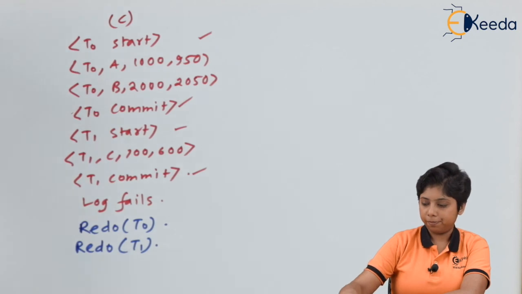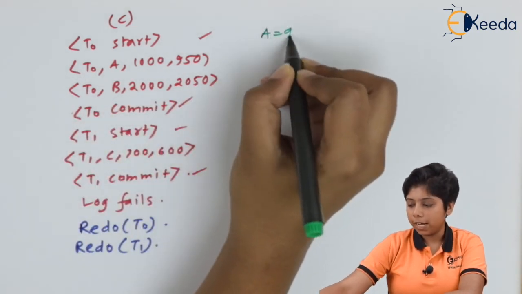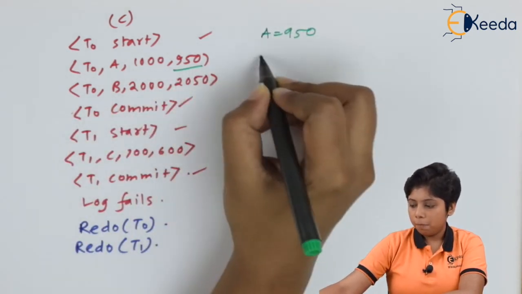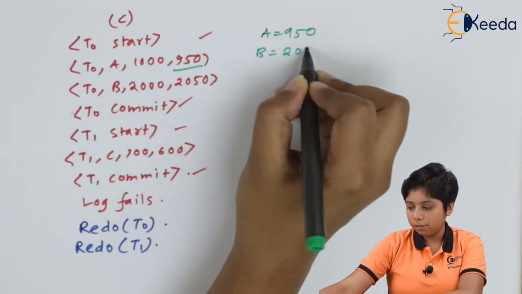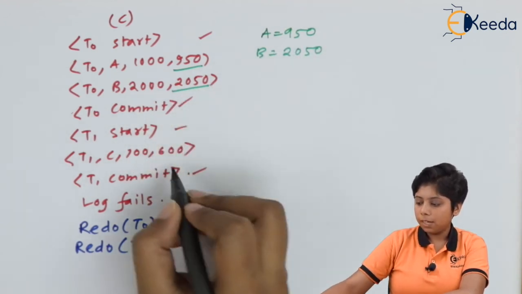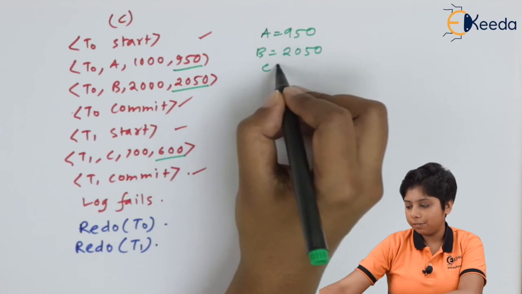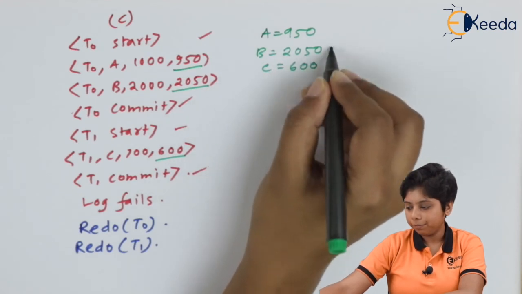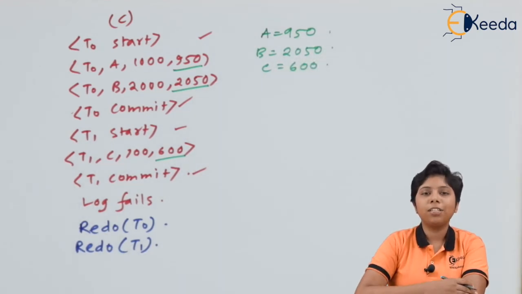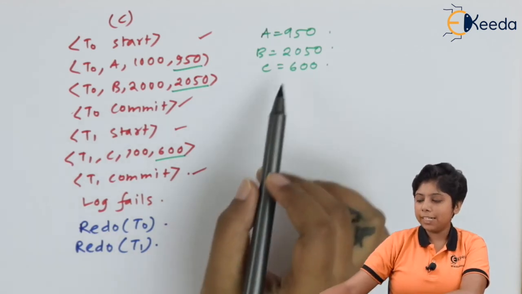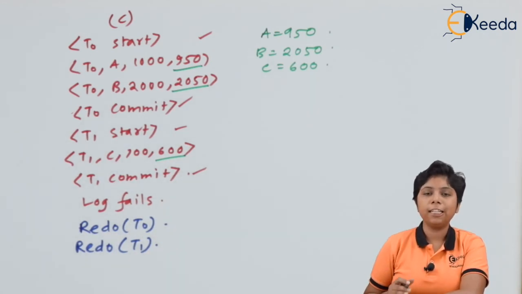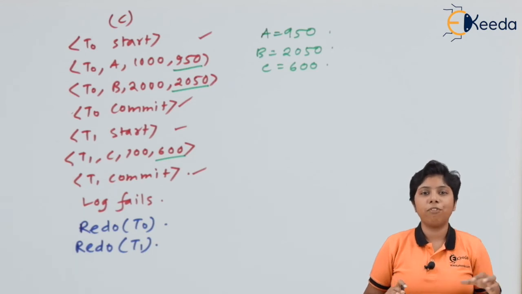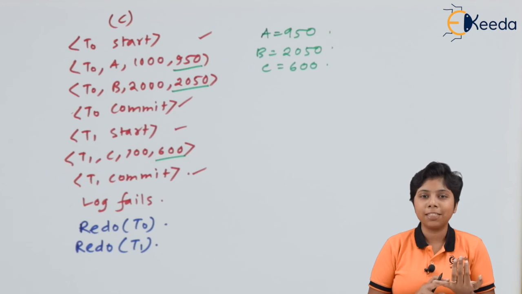So now my A has 950, B has 2050 and C has 600. Now all three values have been modified, and we can assume that these values are contained in the log, and even if the log fails, we have recovered from this log, maintaining the atomicity and the recovery is done.